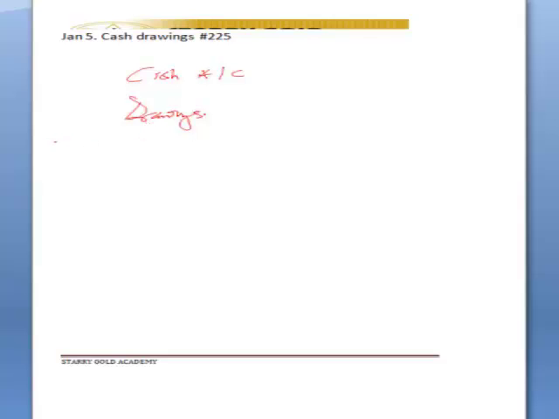But before we look at that, let's look at the required action. Cash account is given in this case because it's giving drawings.